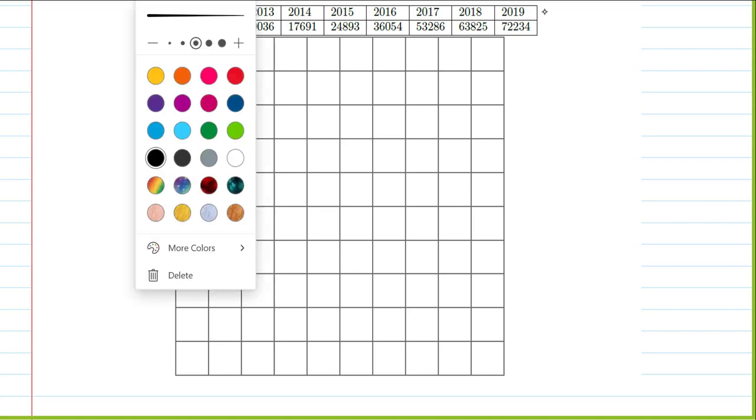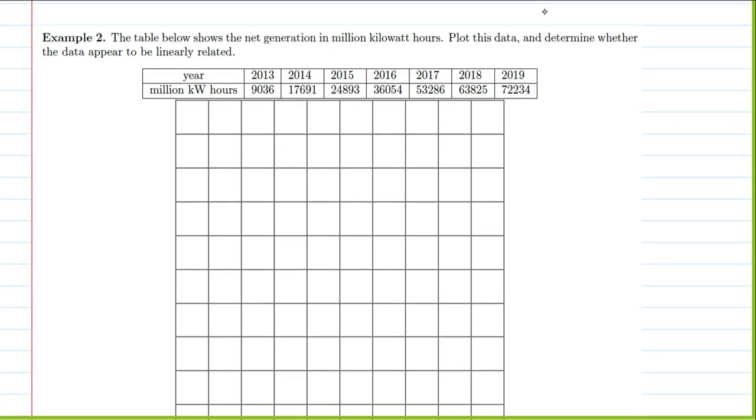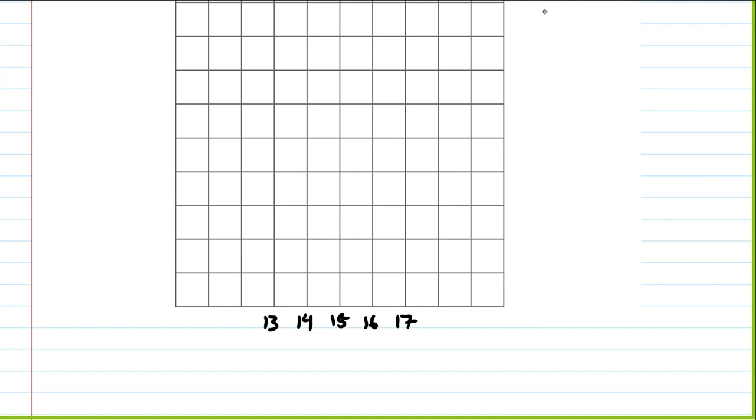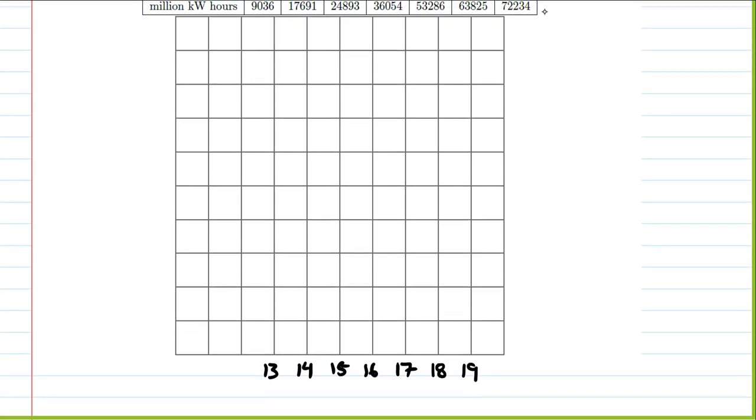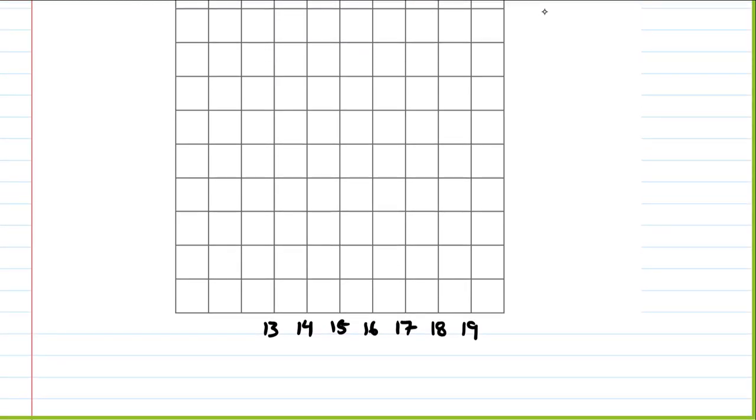So I'm going to start by labeling some of these on my graph. So we'll start with 13, 14, 15, 16, 17, 18, and 19. I actually wanted that one more back.